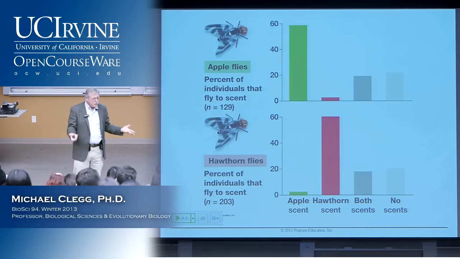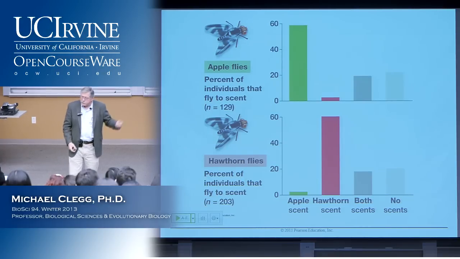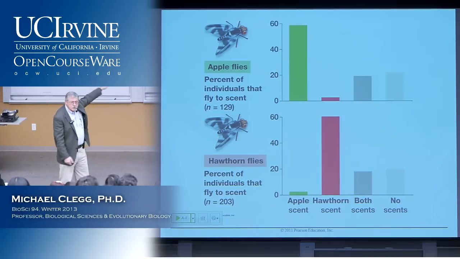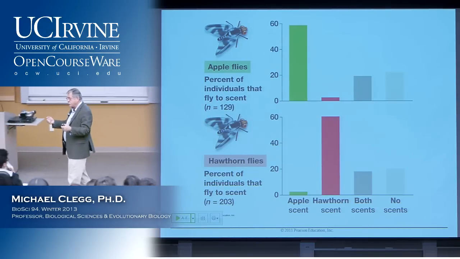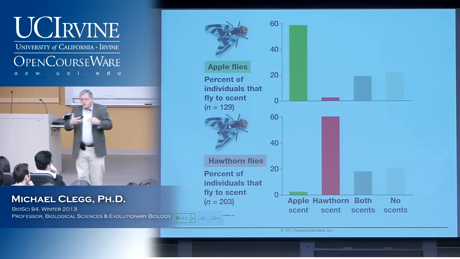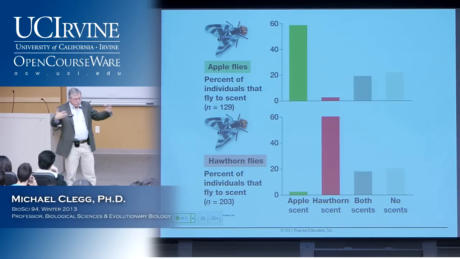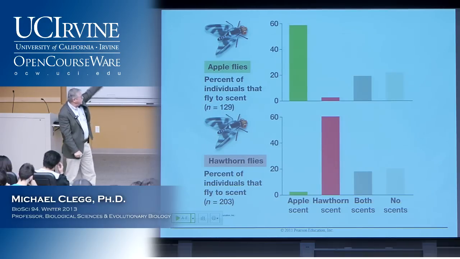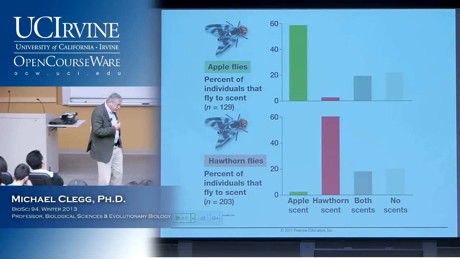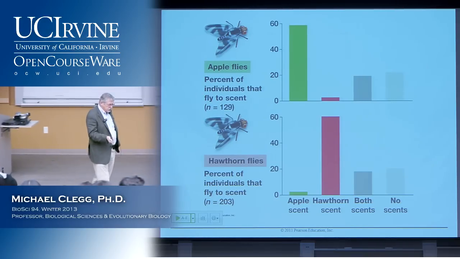So in this short 300-year period, there's been a divergence between two populations, the apple fly population, which originally derived from hawthorn flies, and they're becoming more distinct genetically.